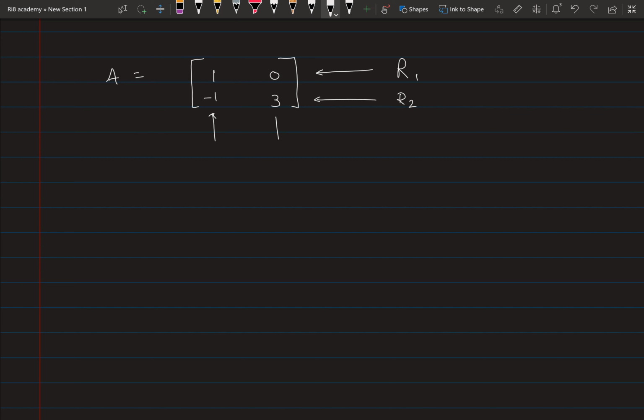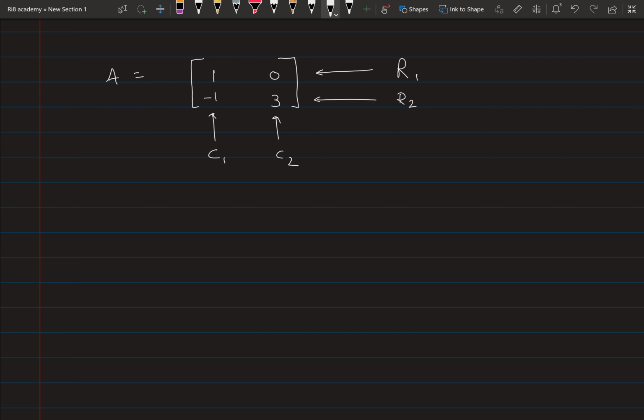The vertical arrangement of elements is columns. So this is the first column, and this is the second column. This is the case of a 2 by 3 matrix. If I have a 3 by 3 matrix, I will have R1, R2, R3, and for columns C1, C2 and C3, and so on.